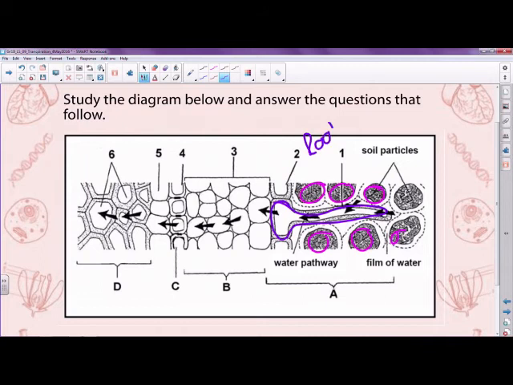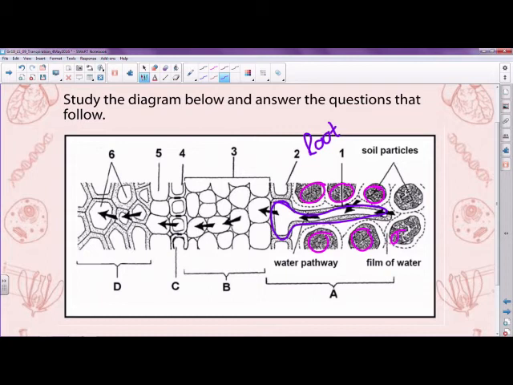So the first thing I see, I need to have a look at it. What is the most obvious characteristic that I can recognize? And I see here soil. Soil tells me that it's underneath the ground. I also see the characteristic root hair. Where do I find a root hair? I find it in a root.